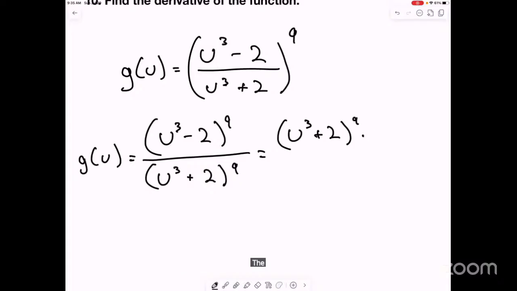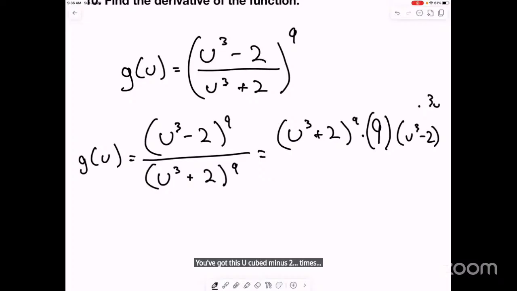The derivative of the top looks like it's a 9 times u cubed minus 2 to the 8th times 3u squared.